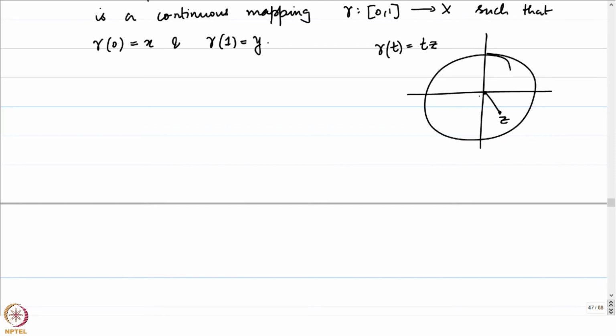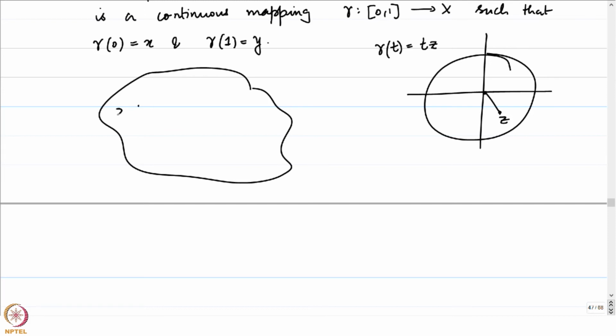Well, I am sure you can sit down and construct very complicated paths by looking at various continuous mappings from [0, 1] into X. But my intention here is to get your focus on the following aspect.